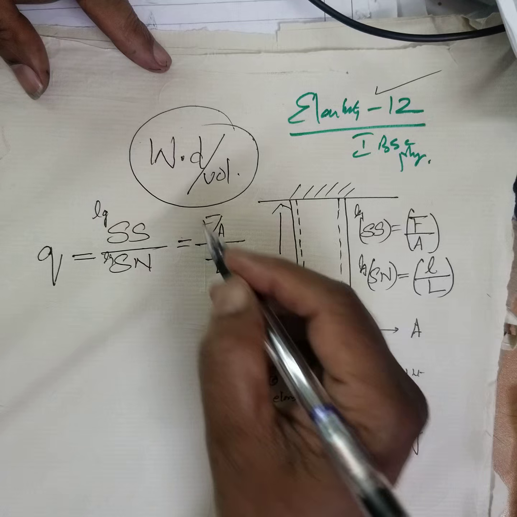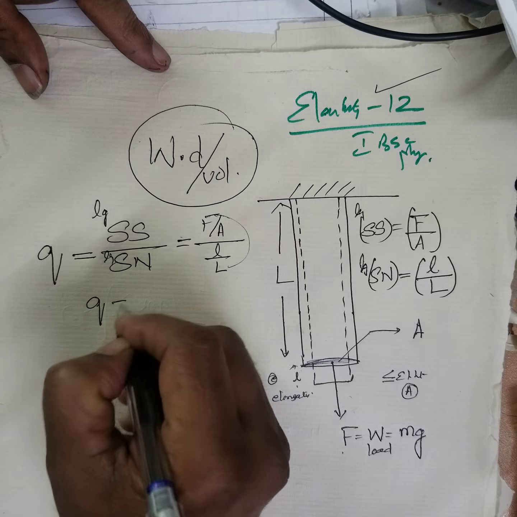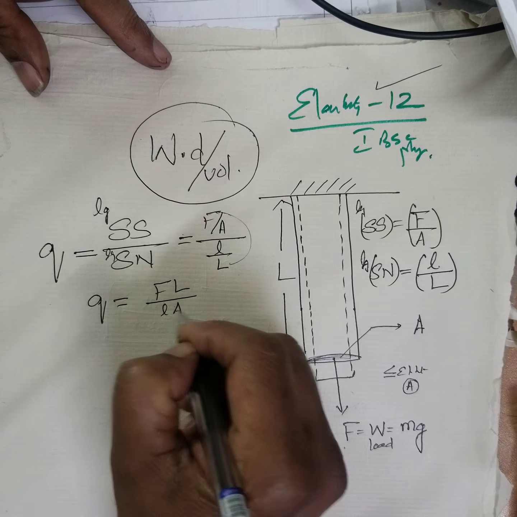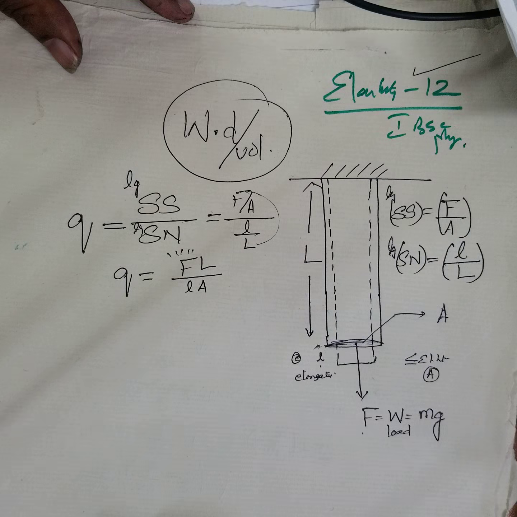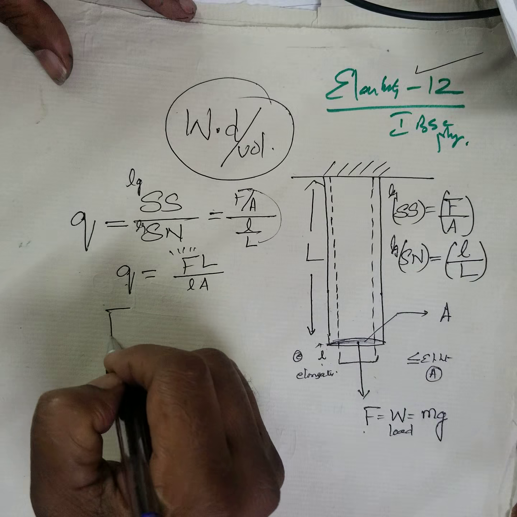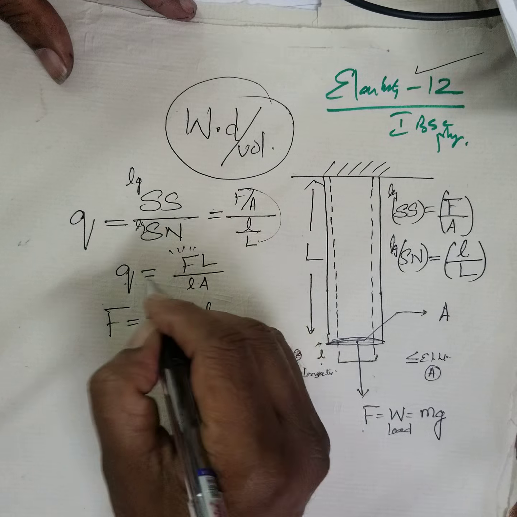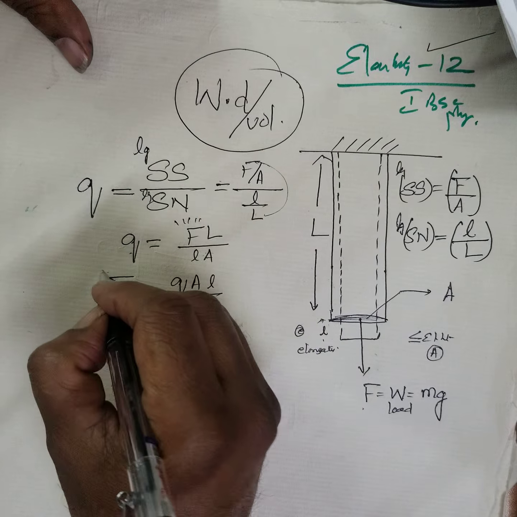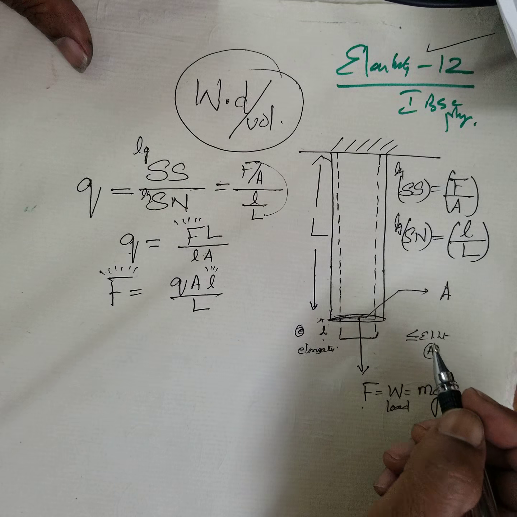All these things we have done several times; we are repeating. Therefore, Q is equal to F L by small l A. Now isolate that force. Q is the constant. Therefore, F is equal to Q A l by capital L. When you increase the force, the extension also increases.